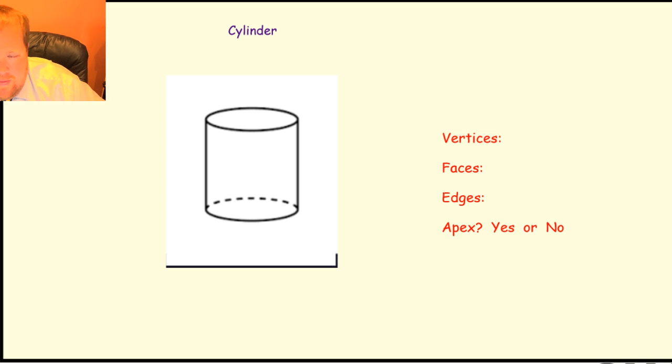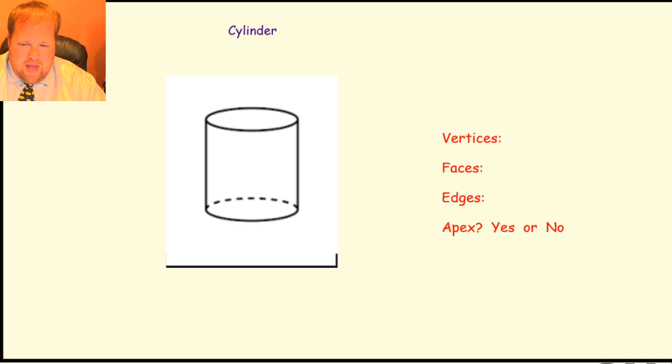So let's look at this. Do you see any corners? No, because the surface is round. The surface is round, so I don't see any vertices.